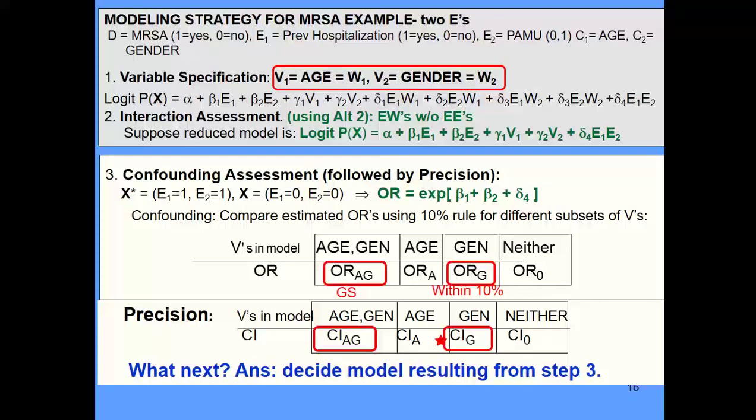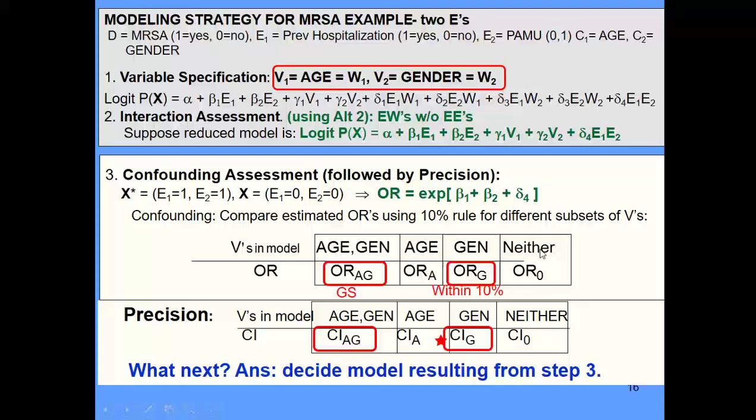So if we want to assess confounding, now what we're doing is keeping the EE term in there, but we want to assess confounding before we even evaluate the EE term. And we're going to basically do the same thing as we did before. We're going to get a table that considers this formula for the odds ratio and compare these 4 different situations: the gold standard, dropping gender, dropping age, or dropping both.